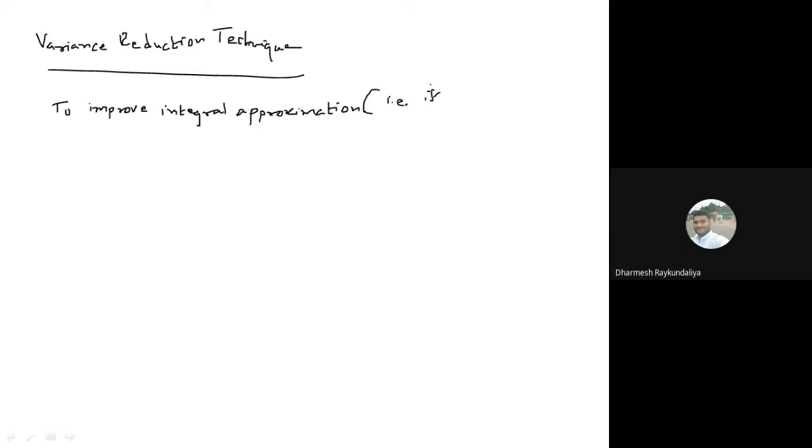So how will you identify whether an estimator is efficient or not? Let me introduce it again. There is an efficiency criterion.